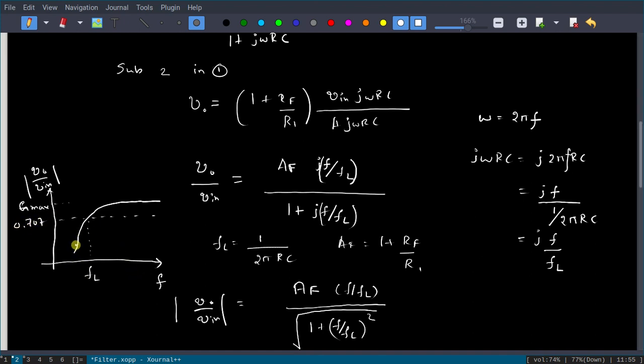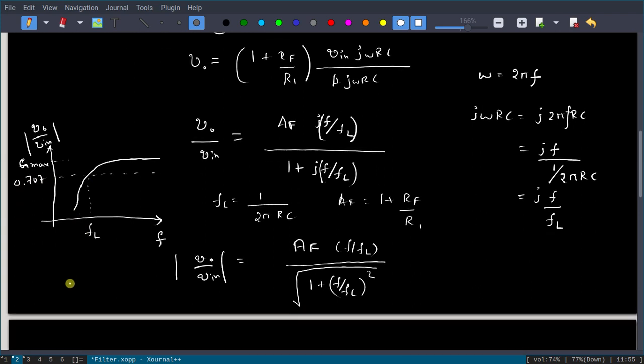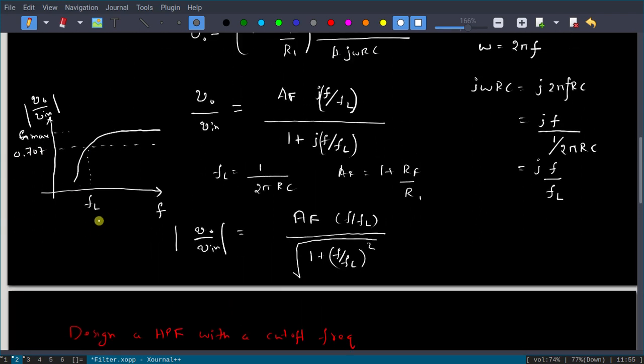Now if you plot in the dB scale, the roll off is plus 20 dB per decade. So every multiple of 10 in frequency, the gain will increase at the rate of 20 dB per decade. That is what you get in the decade scale, not in the linear scale. In this problem we will plot that one, you will come to know how it is.